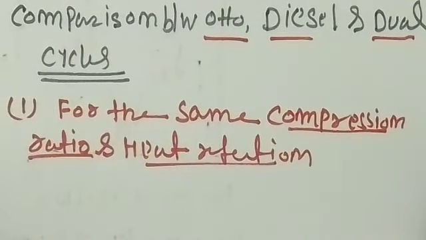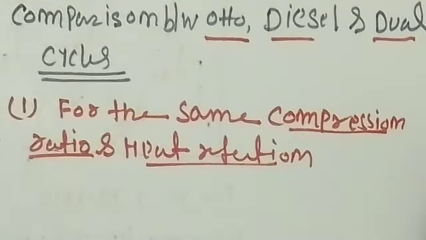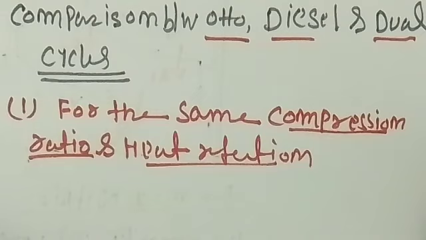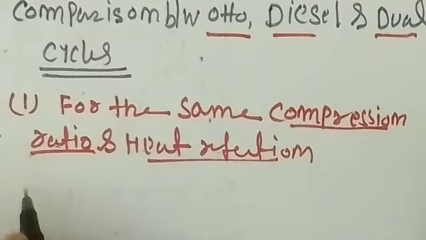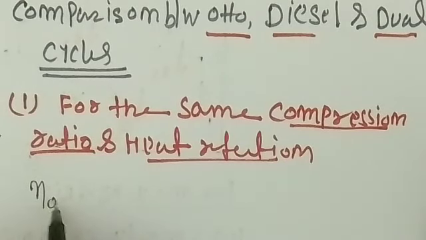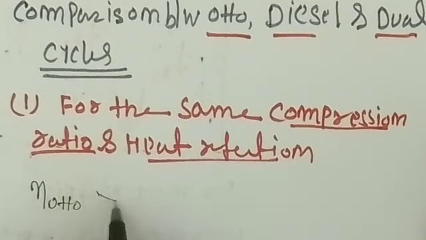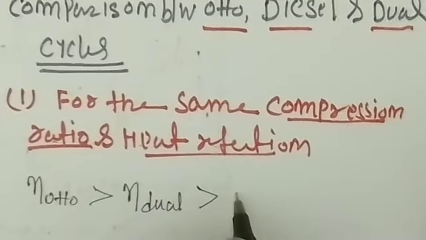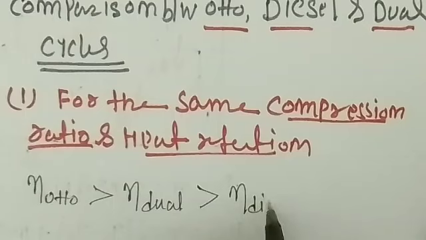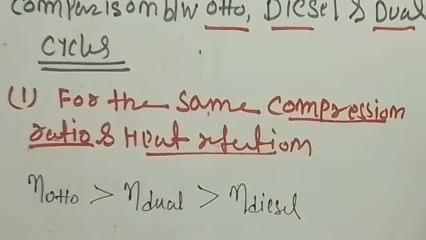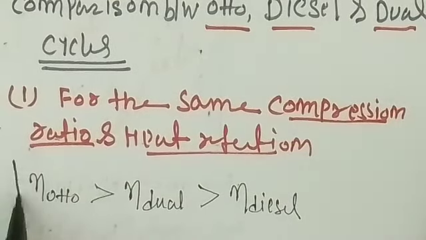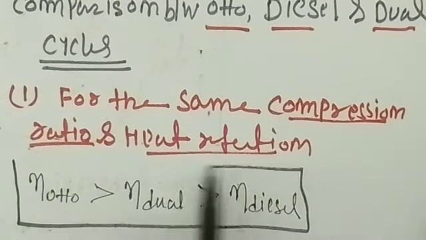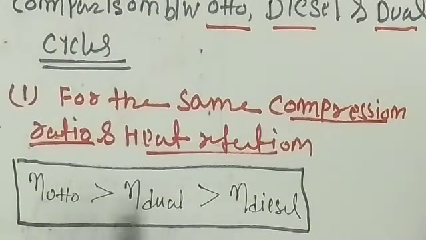Then what happens to the efficiency? In that case Otto has more efficiency than dual, and then diesel is the least efficient. So efficiency of Otto is greater than efficiency of dual, which is greater than efficiency of diesel.